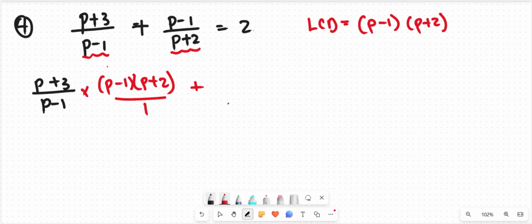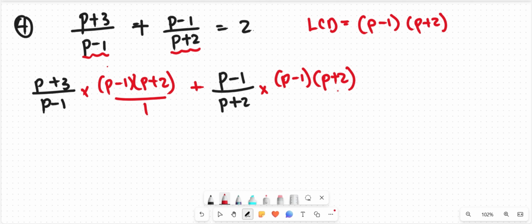Second fraction multiplied by LCD. This part should be very easy, guys. You're literally just copying down what the LCD is, and the 2 multiplied by the LCD.